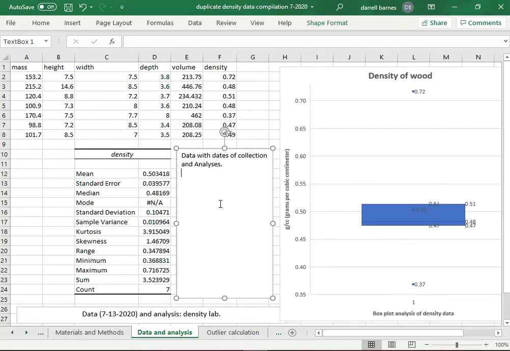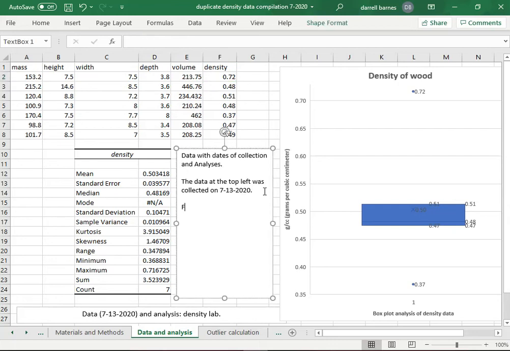So, let's say the data at the top left was collected on 7/13/2020, and let's go ahead and specify that formulas were put into E2 and F2.